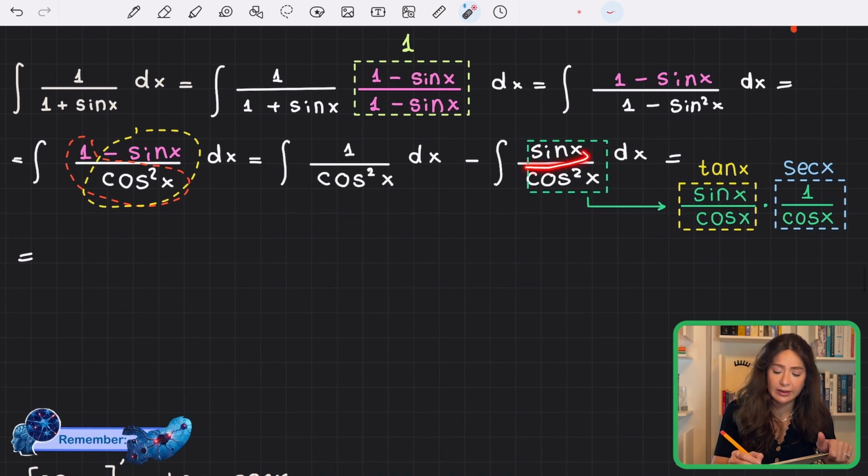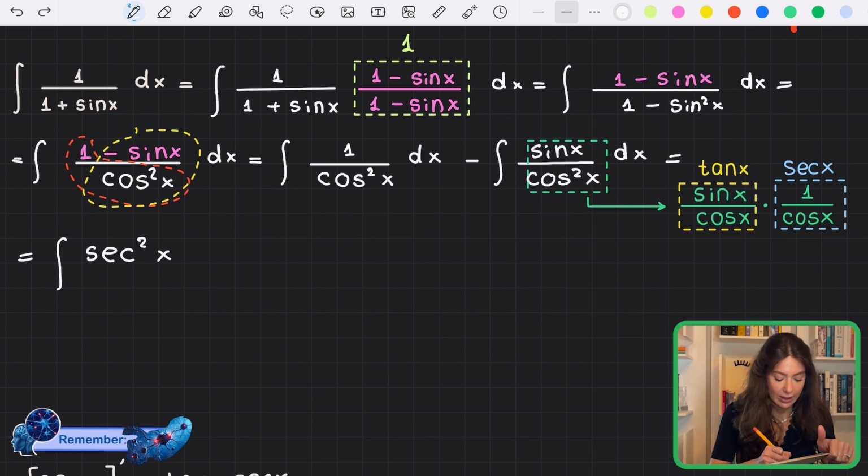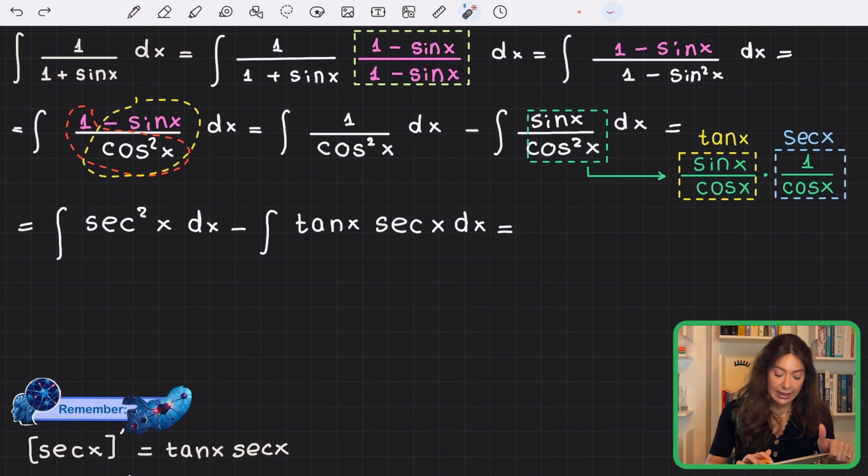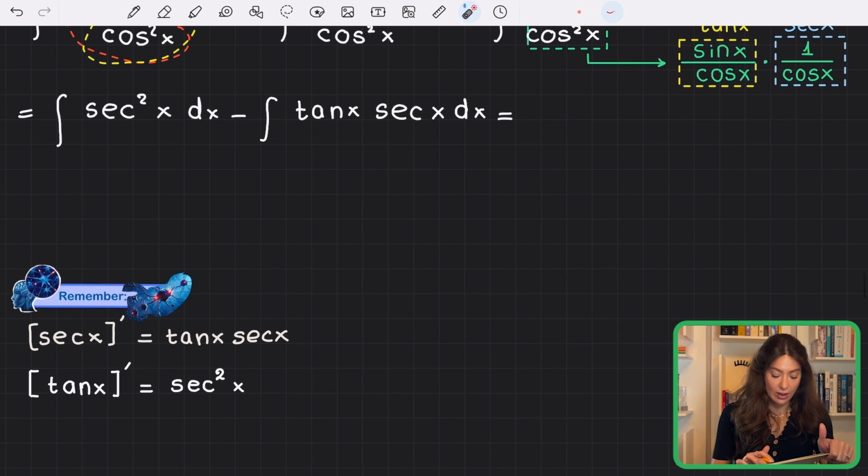Okay, so instead of this, you write, well, first of all, let's handle that. That is the integral of secant squared x dx minus tangent x secant x dx. Notice that I have reminded you of your distant past Calculus 1 derivatives.